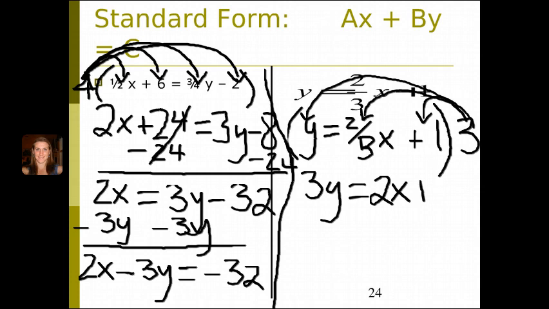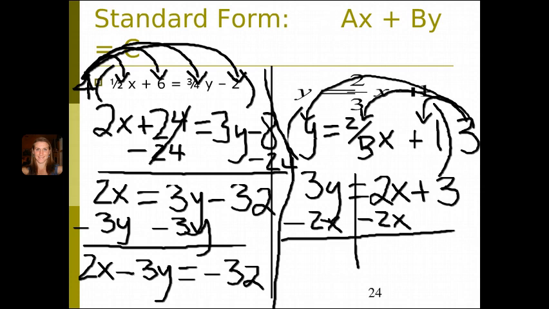So in order to get ax plus by equals c, the 2x, we need to subtract it from both sides. And that gives you negative 2x plus 3y equals 3.